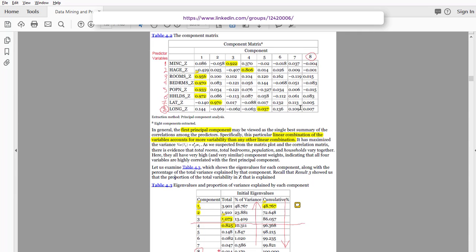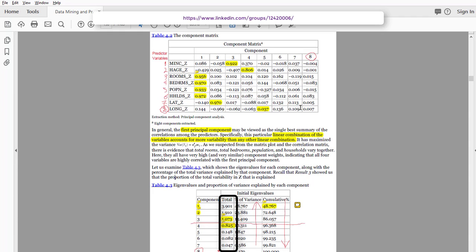And here, if we go to the example, we can see that we have 1, 2, 3, 4, 5, 6, 7, 8 variables. And here we have the total. So this total is the lambda that we had in that formula. And if we make a summation of these values, you can see the summation would be 8.